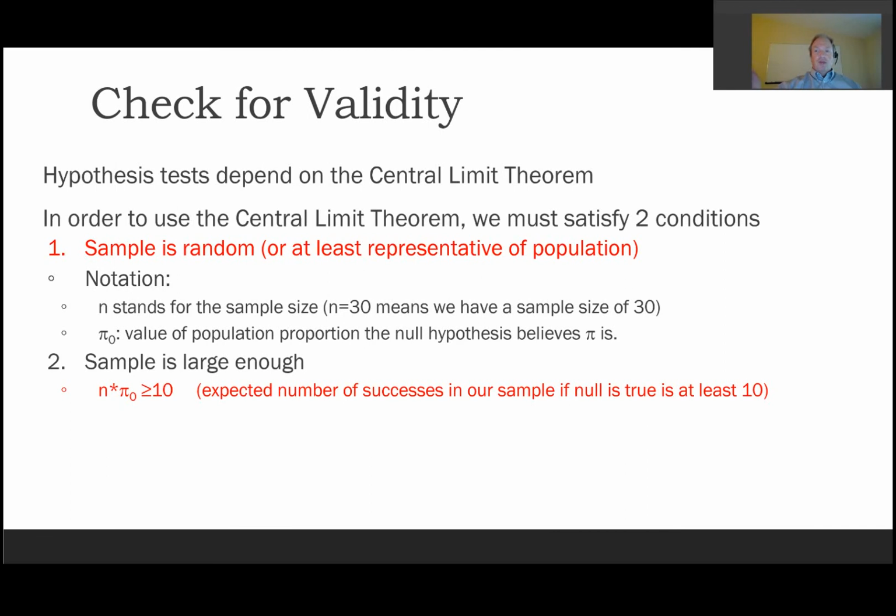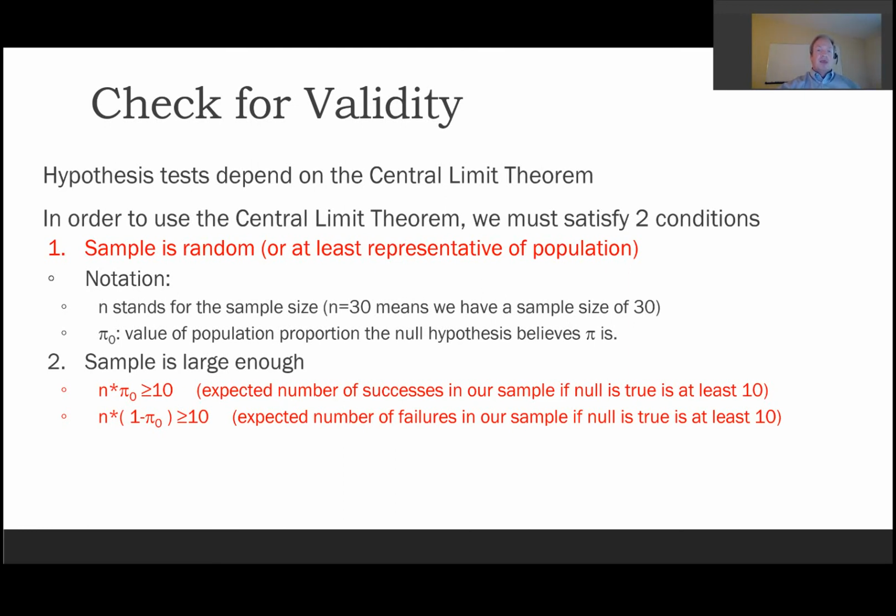So the way you could think of it is if you were flipping a coin, what would you assume the percentage of heads is a priori? 50%. That would be like your pi naught. If you flipped 100 times, what would be the expected number of times you would get heads? 50.